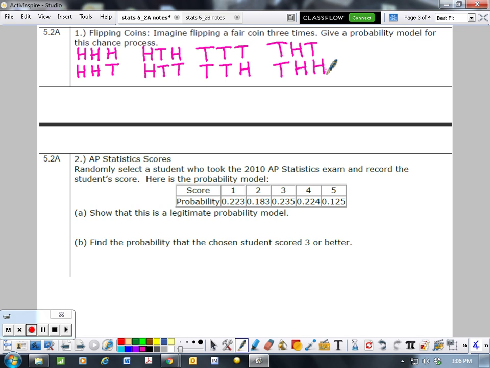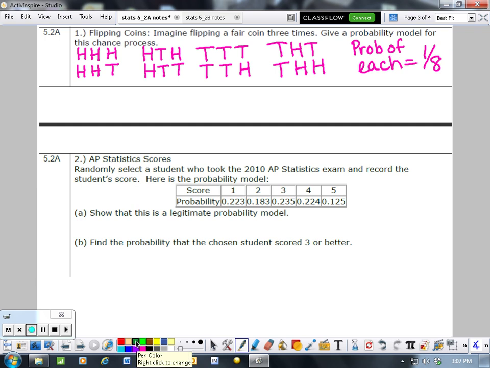Because it's a fair coin, all of these events should be equally likely, which means each event has a probability of 1/8, because there are 8 total, and the probability of getting one of those should be 1 out of 8.